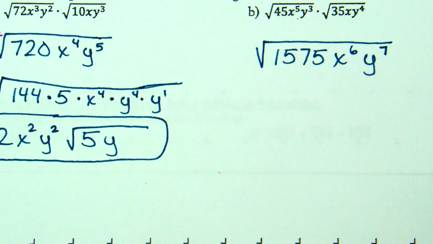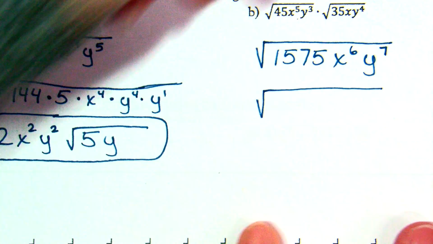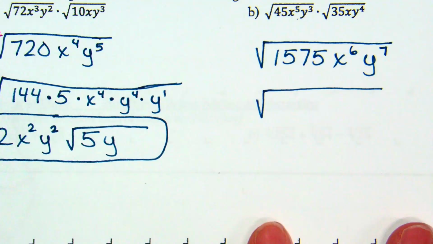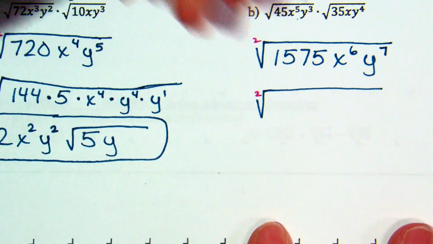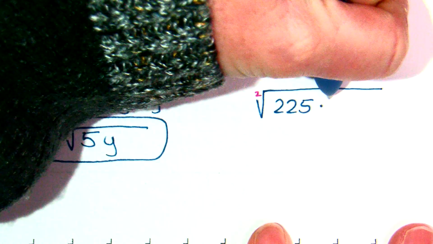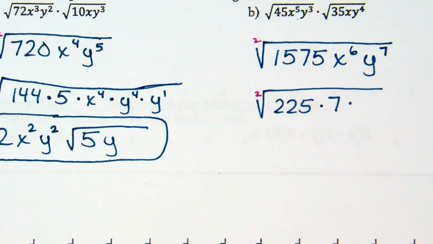Okay, so square roots. We already said 1575 is what? 225 times 7. Can I take the square root of x to the 6th? Does 6 divide by 2?